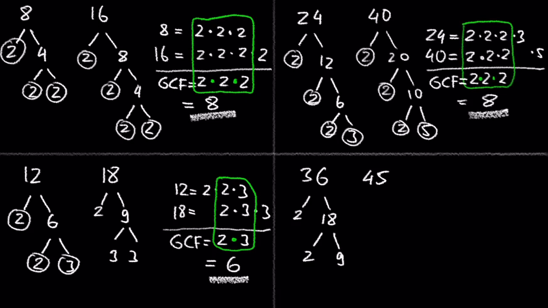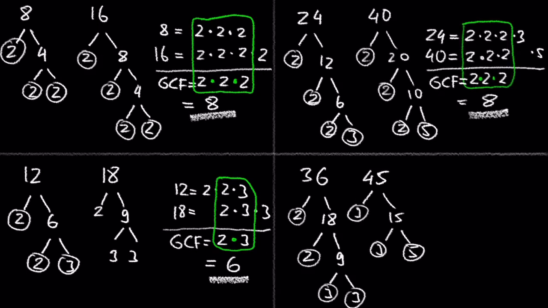And 9 can be factored into 3 and 3. 45 can be factored into 3 and 15. 15 can be factored into 3 and 5. And we are done, because 2 and 3 and 5 are prime.